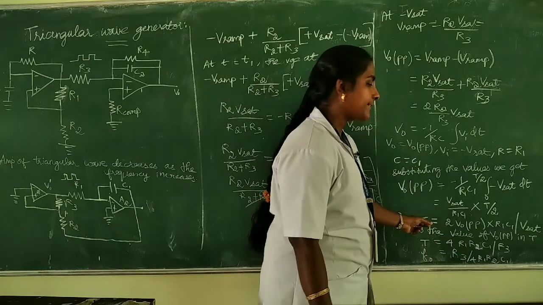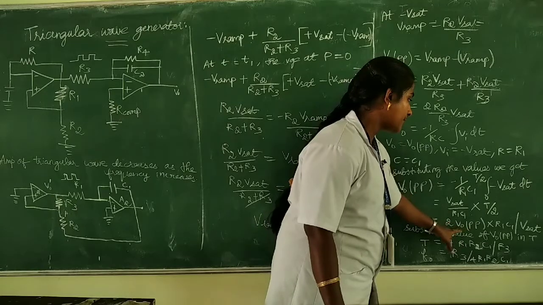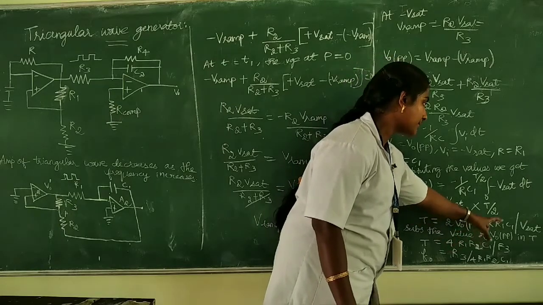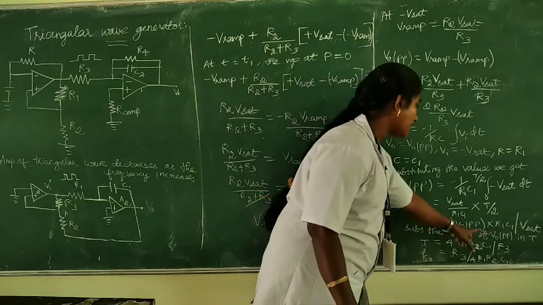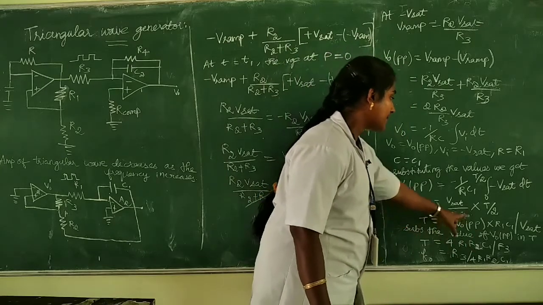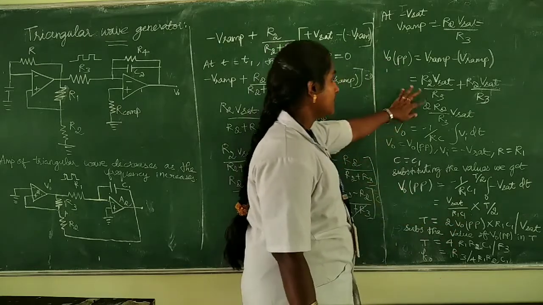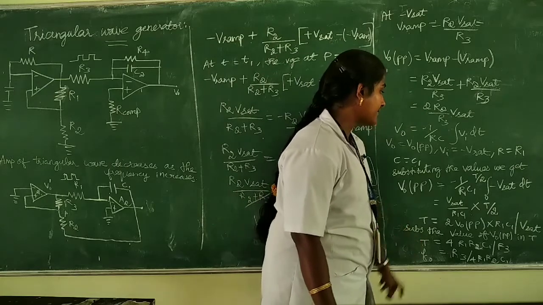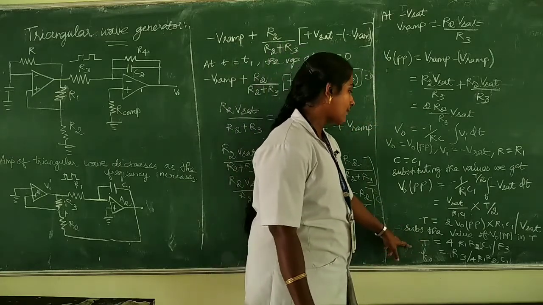We already have the value T is equal to 2 into V naught peak to peak into R1 C1 divided by V saturation. Now you can substitute the value of V naught that you have found. So you will get T is equal to 4 R1 R2 C1 divided by R3.